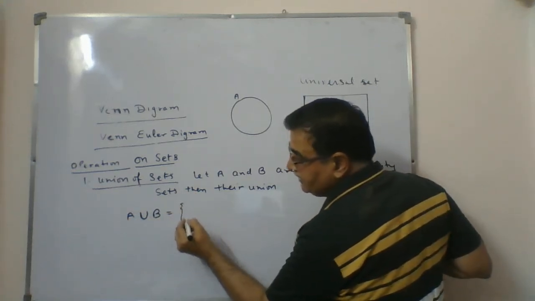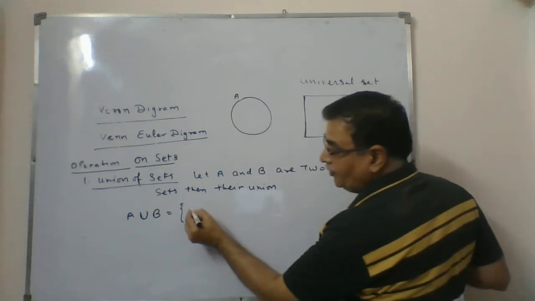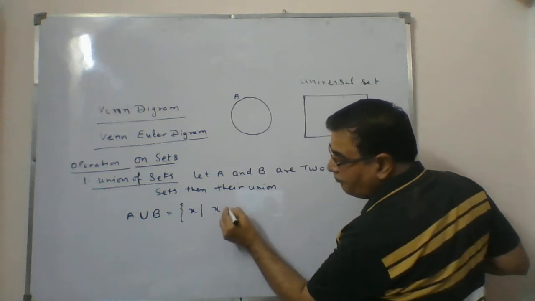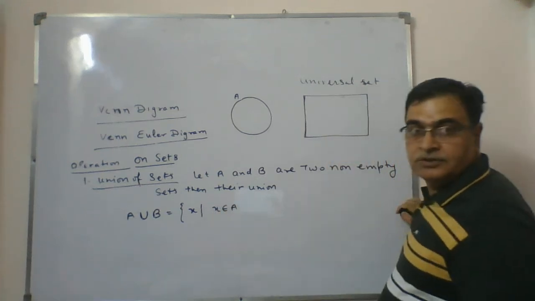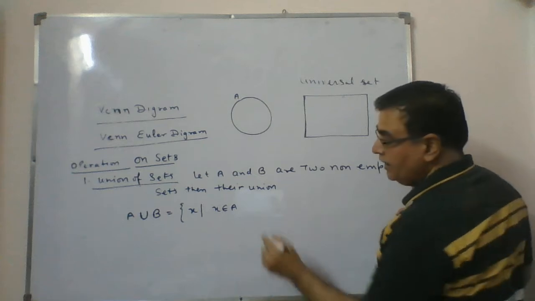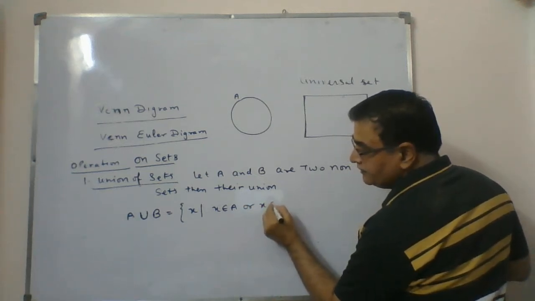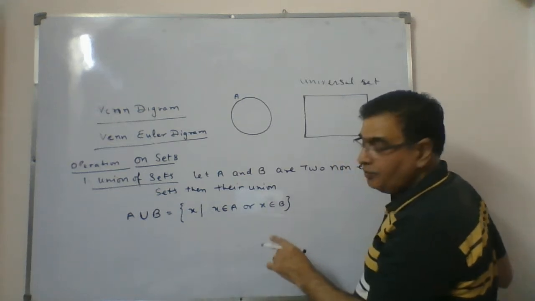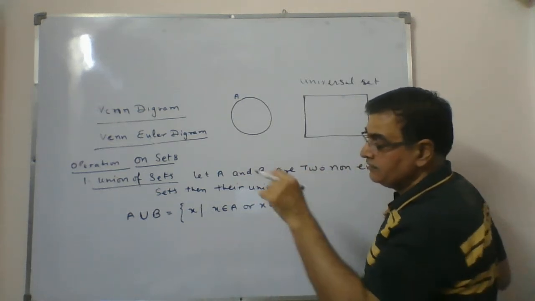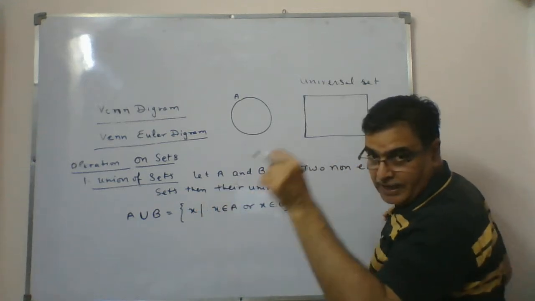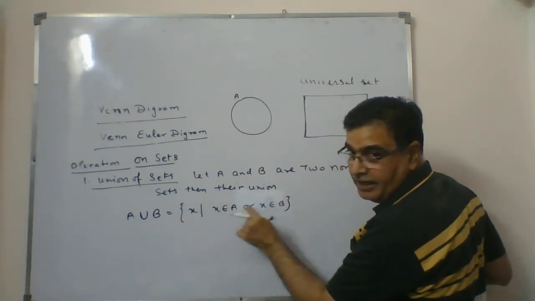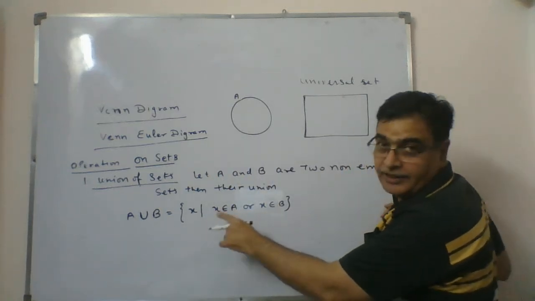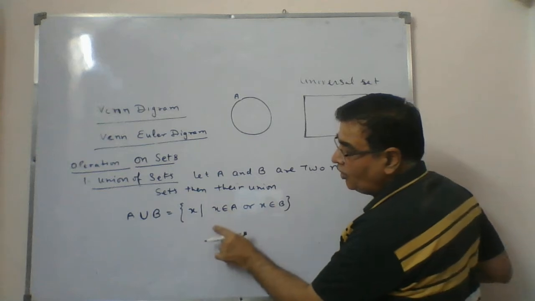It shows a set of those elements x which are a member of A, or x is a member of B. So A union B is nothing but the collection of those elements which are either in A or in B or in both.